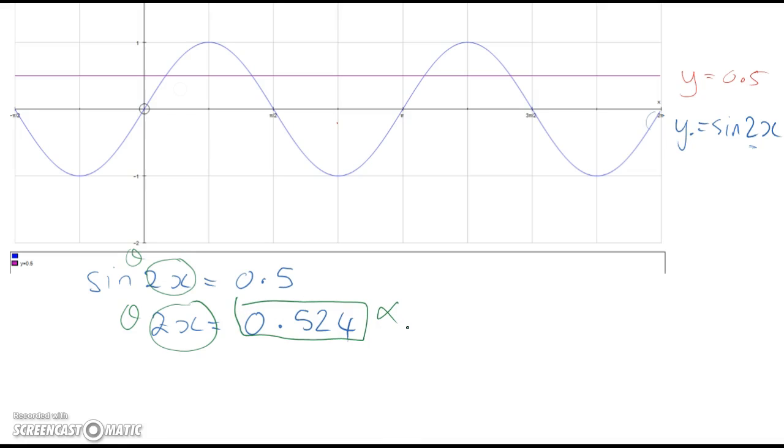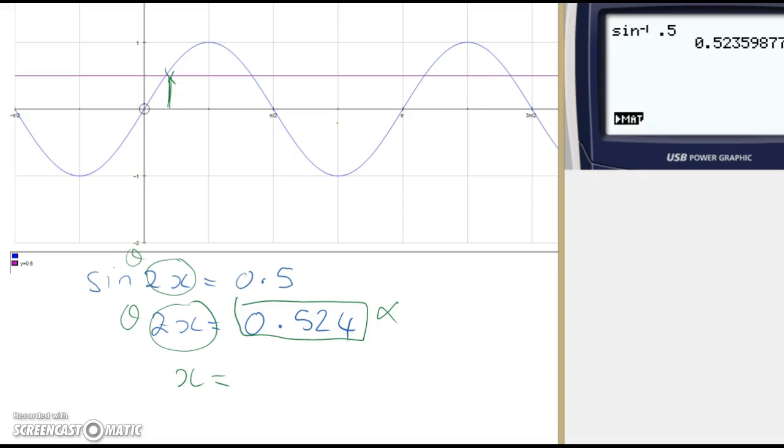So, if I was just going to solve normally for my first part, to find out what this value is, I would just go, x would be equal to, divide my answer by 2, and I get 0.2618.